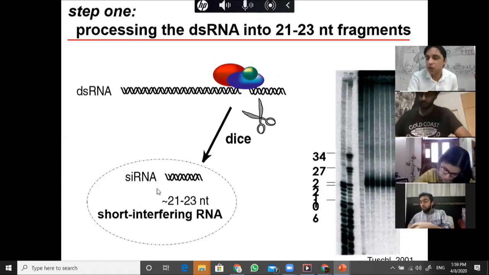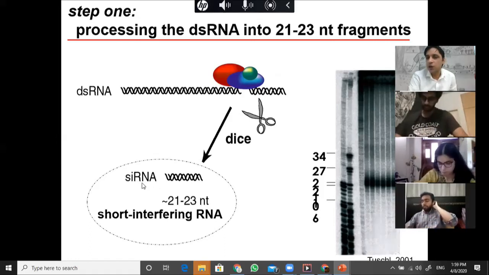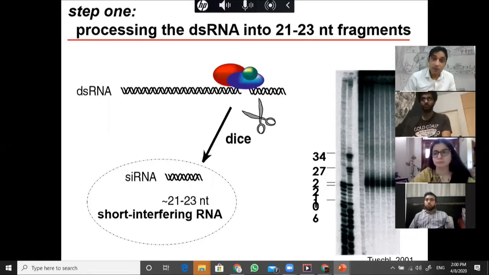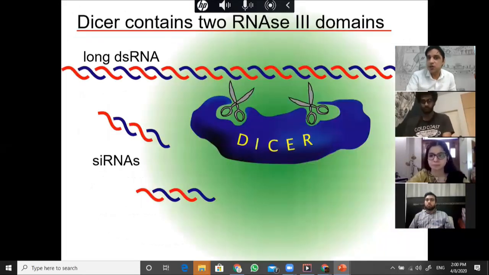Now think, if you are able to create those small interfering RNA by yourself, you can control the function of any gene. And this is what the gene knockdown technology is. When I did my job as a PhD student, I created the small interfering RNA to silence the function of one particular gene of my own choice.